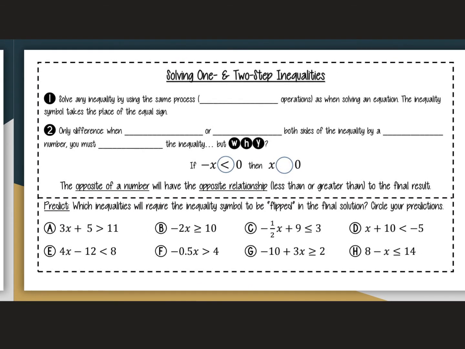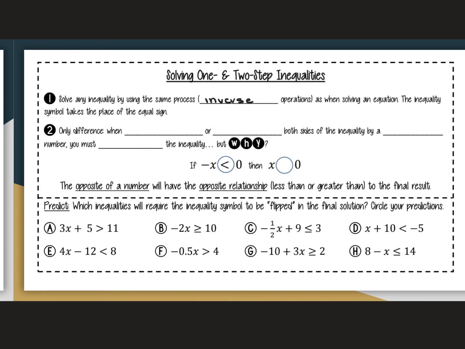All right, so solving 1 and 2 step inequalities. Solve any inequality by using the same process, inverse operation. So just like with solving equations, we're going to use the inverse operation. The inequality symbol takes the place of the equal sign.